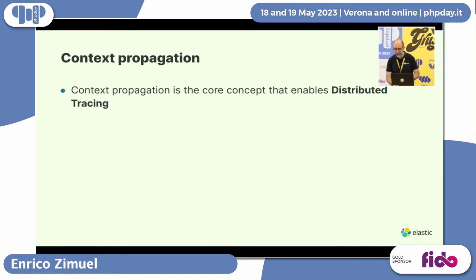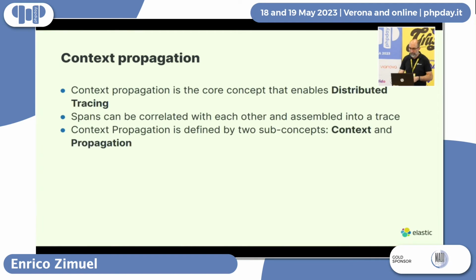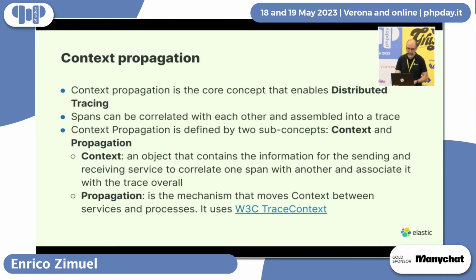OpenTelemetry again helps us on this, because the idea is context propagation. So we need to find a way to pass information, this kind of ID, between multiple services. So imagine that you have a chain of HTTP calls. We need to find a way to connect this chain all together. And the idea is to have the context and the propagation. The context is the information that you actually want to exchange, and the propagation is the technique that you use to propagate the information.